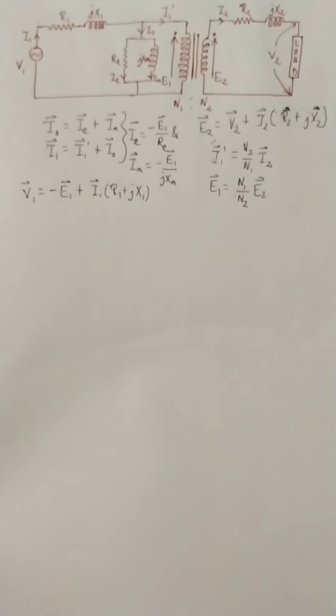So this is what is going to happen. Whatever mathematical relationships we have derived, based on them we are going to draw the phasor diagram. To draw the phasor diagram, we need to consider something as a reference.